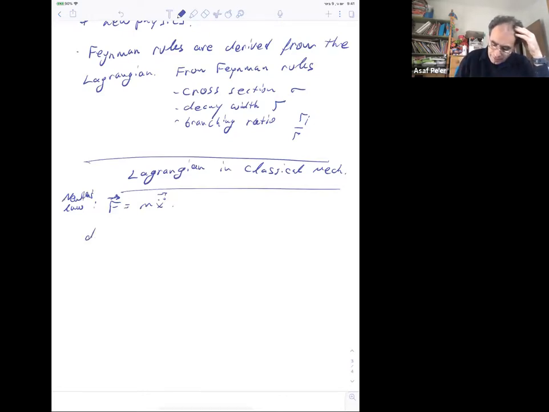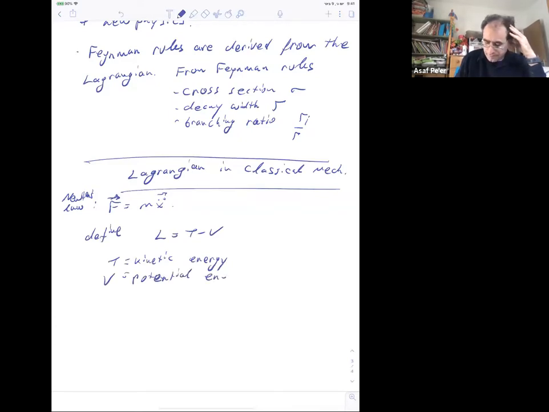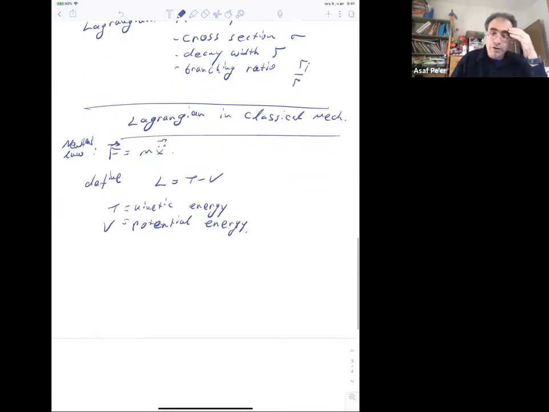So we define the Lagrangian as T minus V. T is the kinetic energy. V is the potential energy of the system, right? The Lagrangian L, this is a scalar.